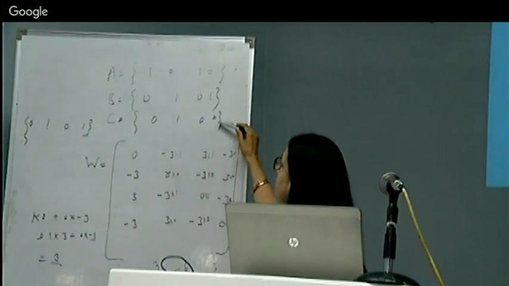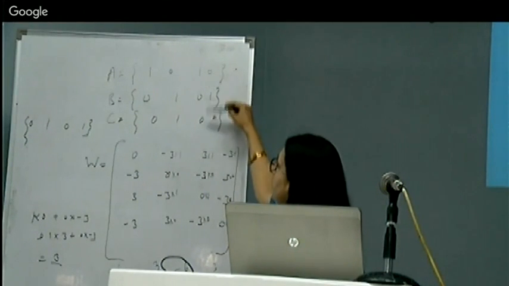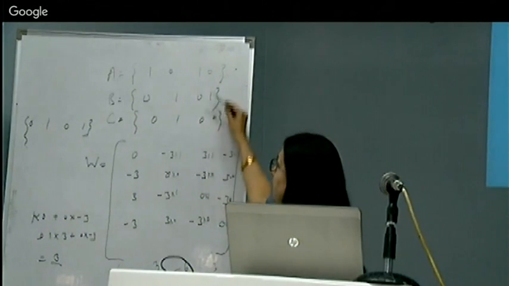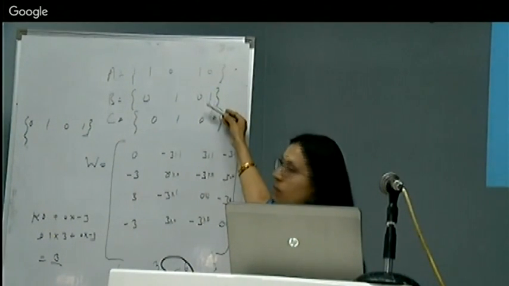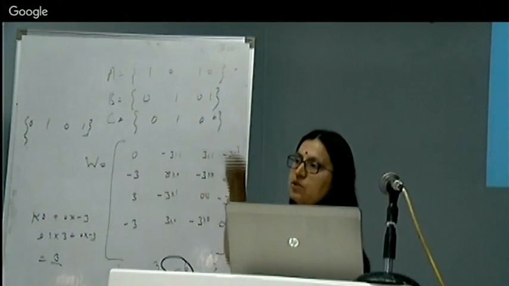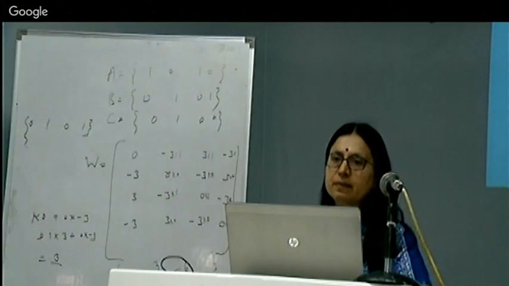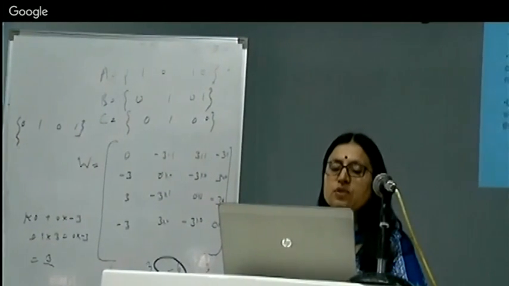And the distance between A and C is different for how many elements? 3. So the difference between A and C is 3, between B and C it is only 1. So C is most similar to B. So Hopfield network is going to recall that pattern which is most similar to the input pattern. So that is how this works.